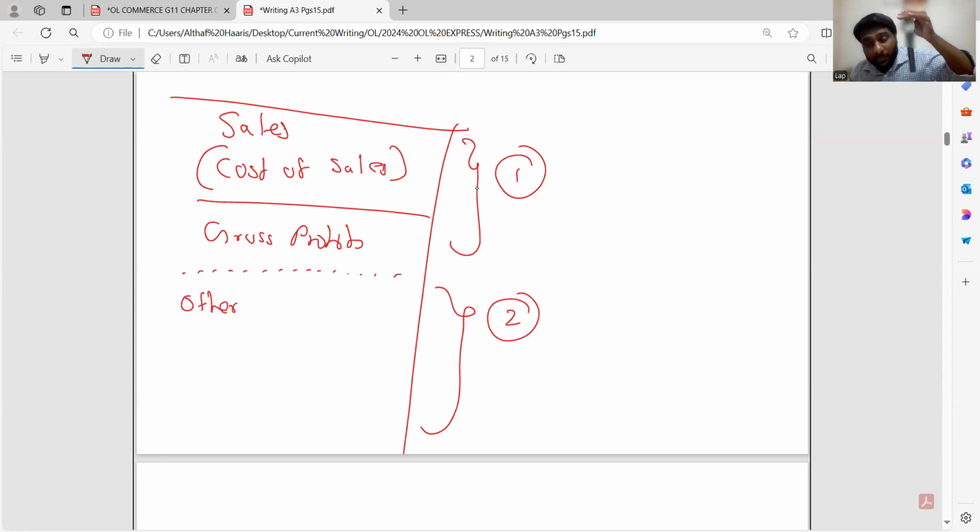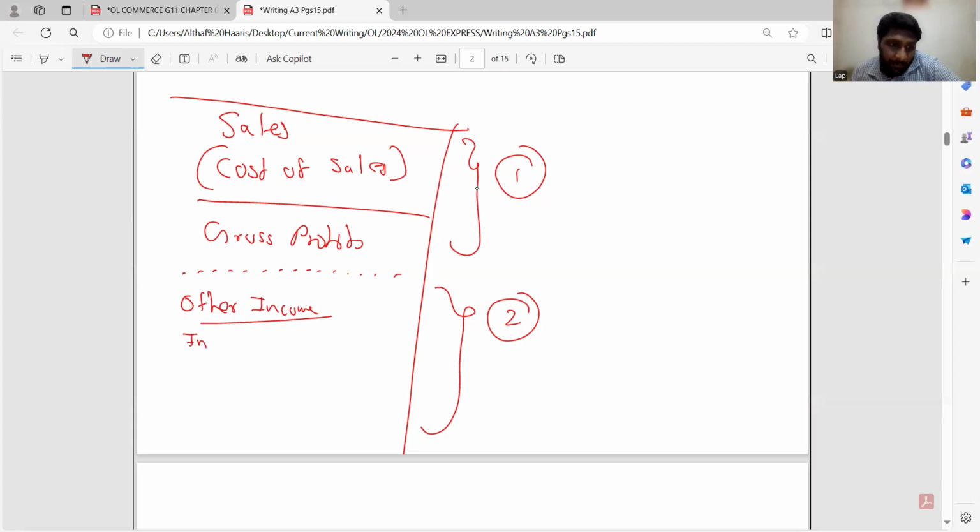Except for the selling of the watches, there is other income for businesses. In my business, except for selling of the watches, I will have other incomes. What are the other incomes? When I was explaining the grade 10 accounting equation chapter, the elements of the accounts, I explained all these things.